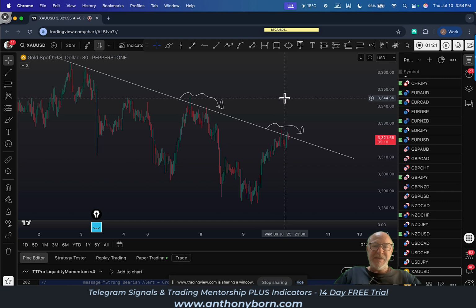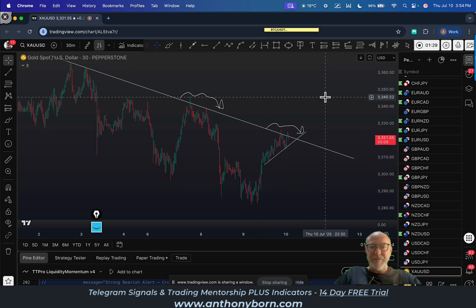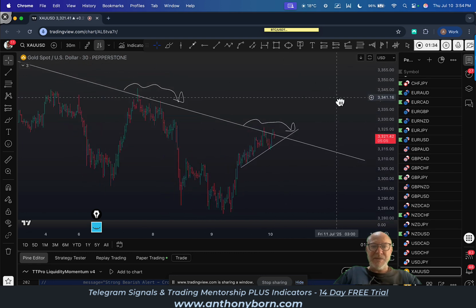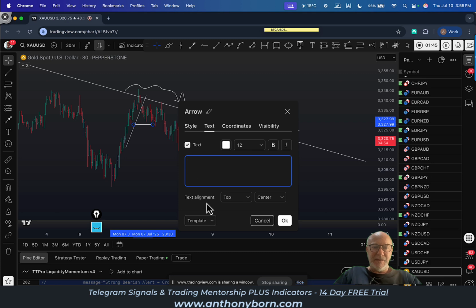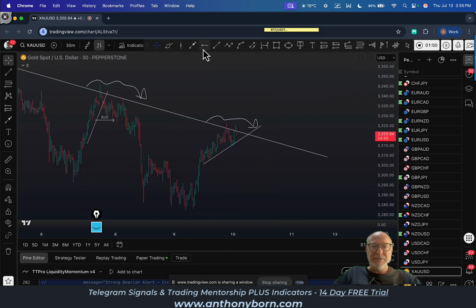In any case, this is what I'm looking for, and one way that you could track this would be to draw a line through here, and if you see a break of structure, for example, there, break of market structure, BOS right there, the last one, and here, same thing.